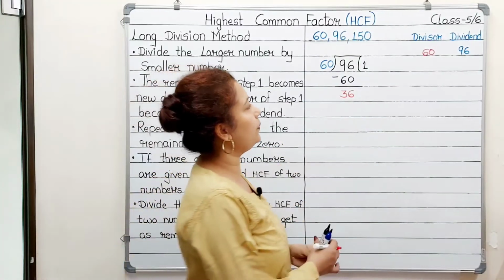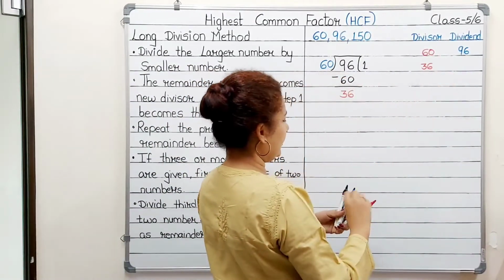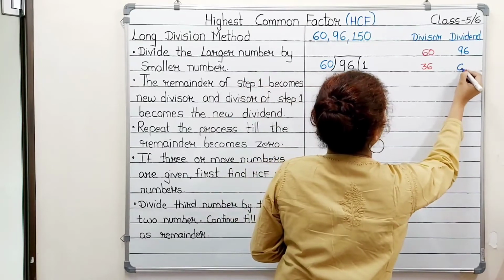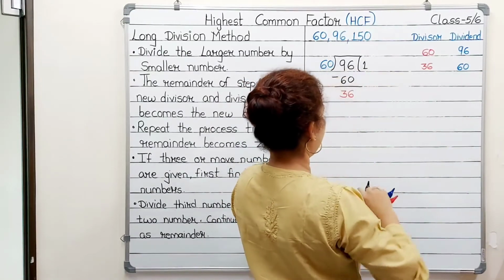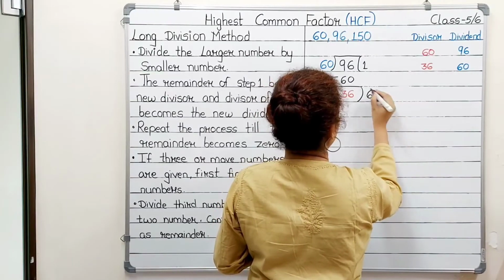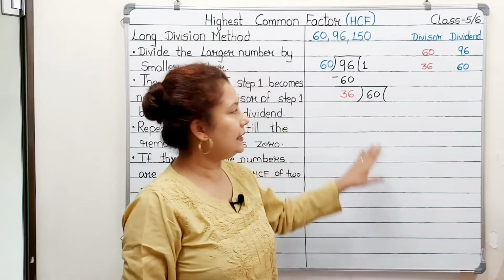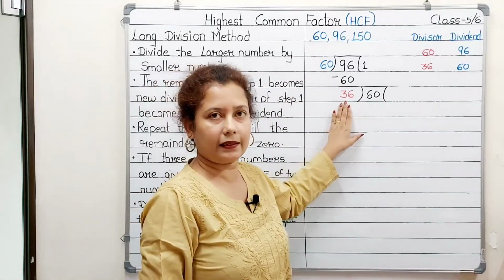So here 36 will become our new divisor and 60 will be our new dividend. So we will divide 60 by 36.